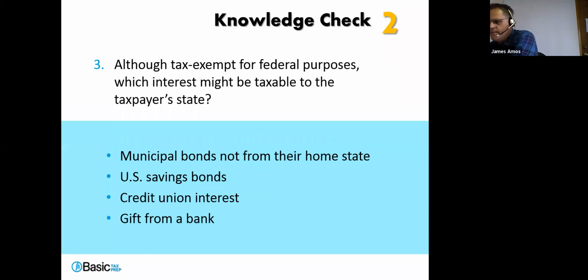Question 3. Although tax exempt for federal tax purposes, which interest might be taxable to the taxpayer's state? A, B, C, or D?